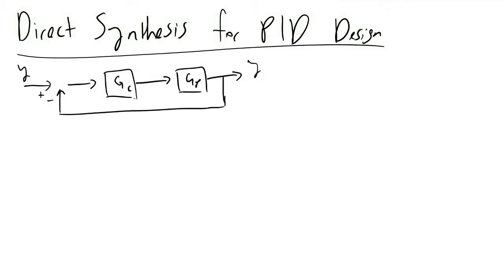So let's go back to the control block, the closed loop transfer function block diagrams that we've been analyzing. And we'd expect something that looks a bit like this. And figuring out how we design a good controller, a GC block that is able to appropriately handle disturbances and perturbations in a process, is challenging.